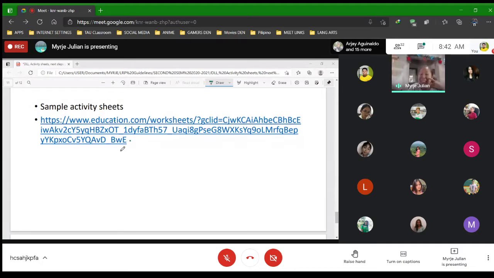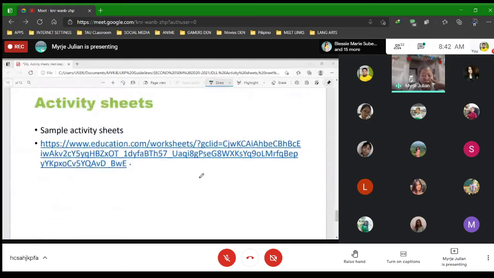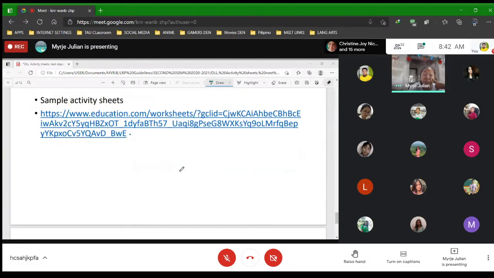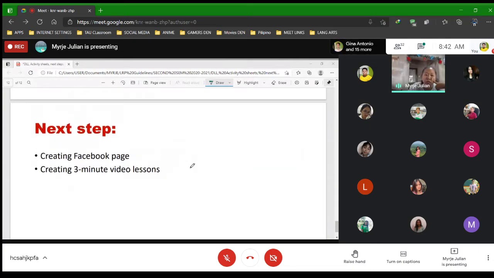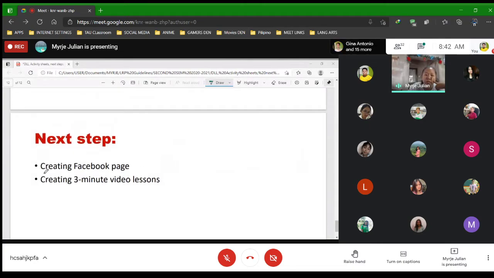Yung hindi naka-PDF format. Para kung gusto nyo i-browse, sige, i-browse nyo lang. After creating your activity sheets, half na yata ng class ay nakapagpasa ng activity sheets. Next step is actually creating the Facebook page. And then creating your 3-minute video lesson. Okay, let's go with the creating Facebook page.